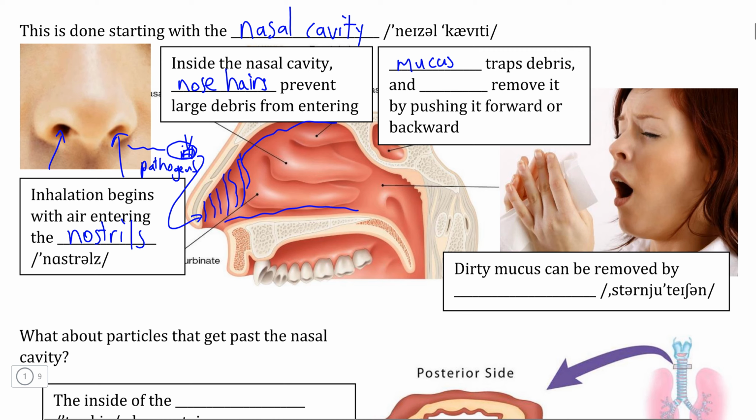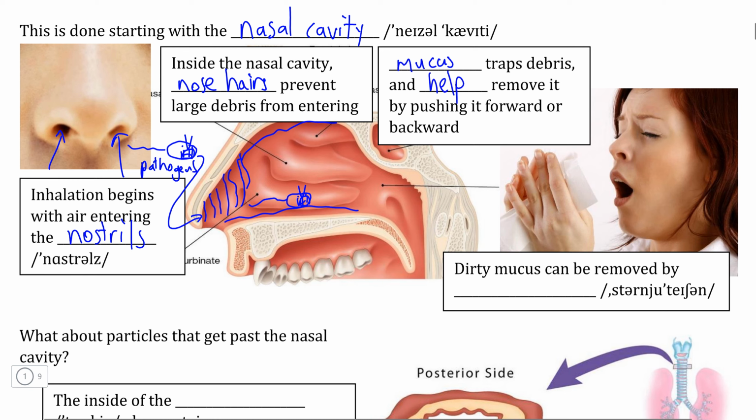And so if we follow this bacterium, if it somehow manages to get into the nasal cavity, the next thing that will most likely happen to this pathogenic bacterium is that it's going to get stuck in the mucus. So mucus exists to trap any substances that get past the nose hairs and get them stuck before they can reach the opening of the throat.